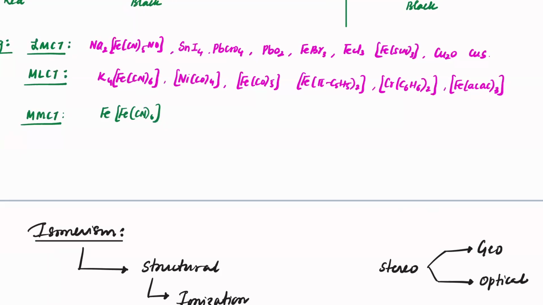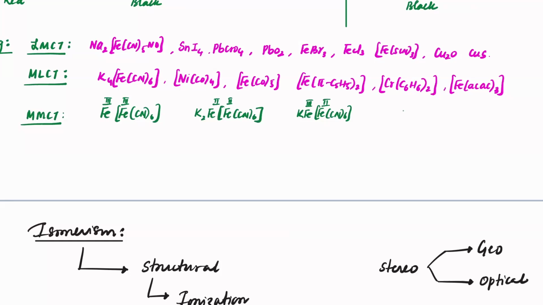Clear? Inside and outside, both of them are +3. Next, K2[Fe(CN)6]. In this case, both of them are +2. So here it is +2, here also +2. Here it is +3, here also +3. Or inside and outside is +3 and +2, like K[Fe(CN)6]. So outside is +3, inside is +2. This way. Correct?